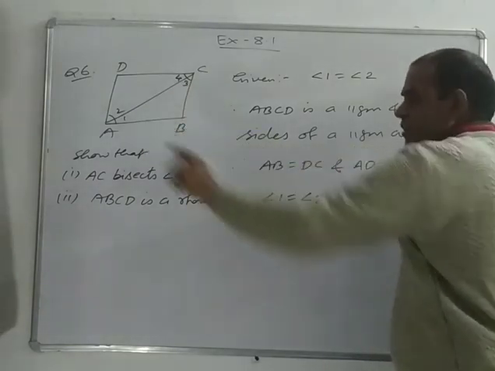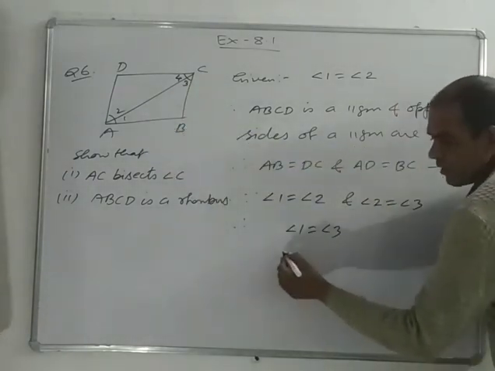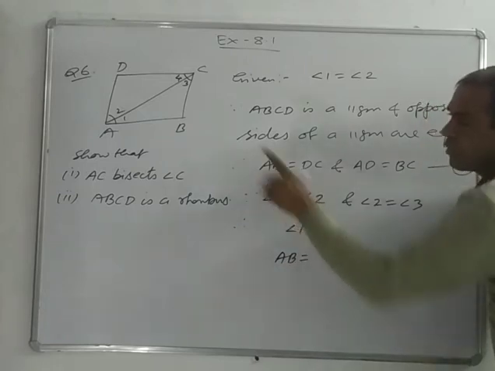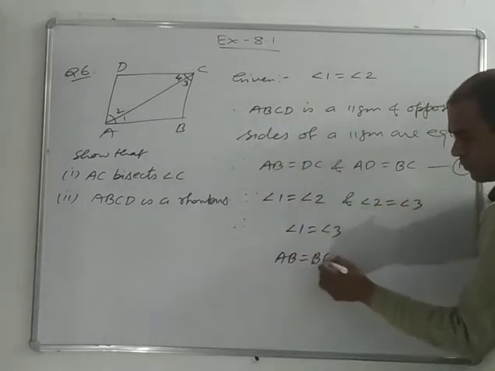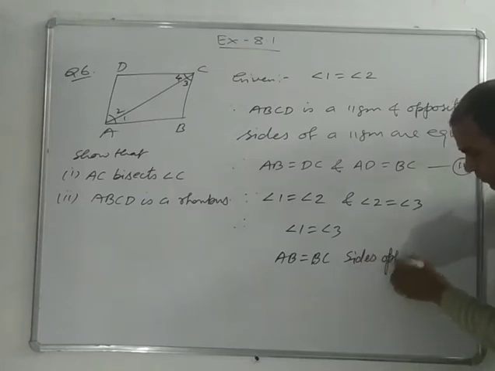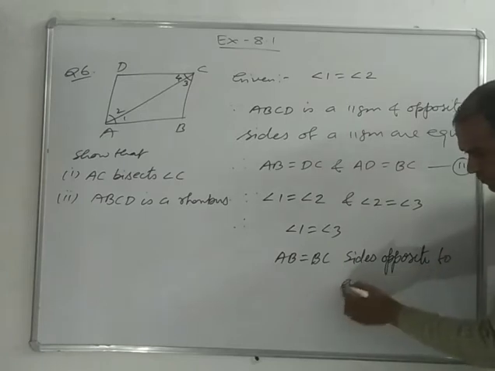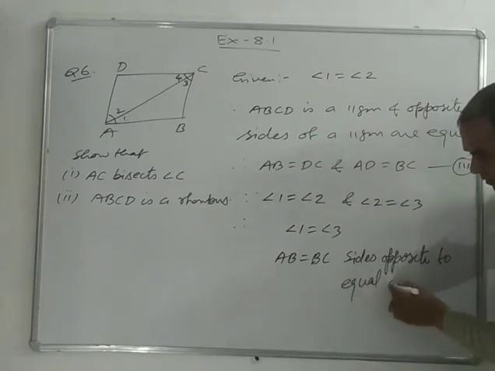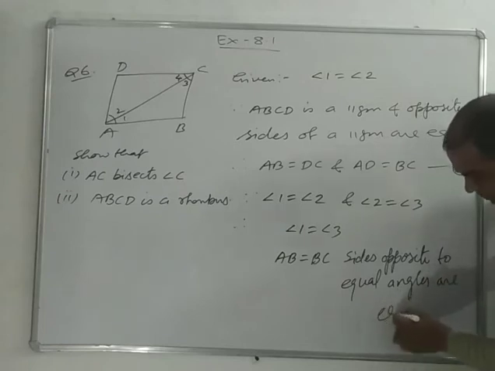So in triangle ABC, AB equal to BC. Reason: sides opposite to equal angles are equal.